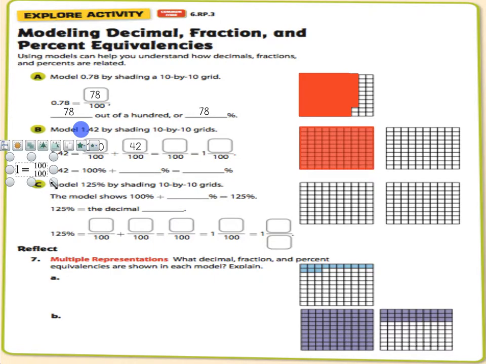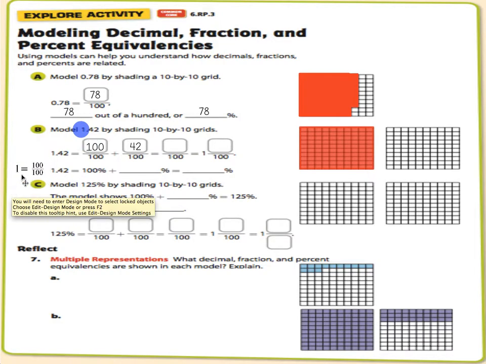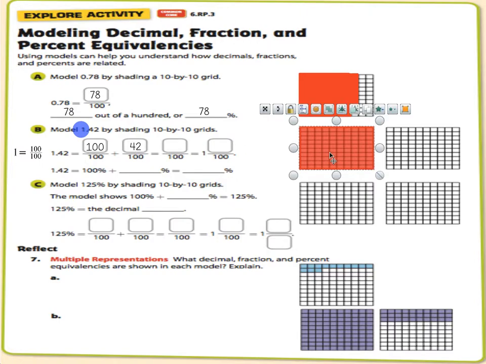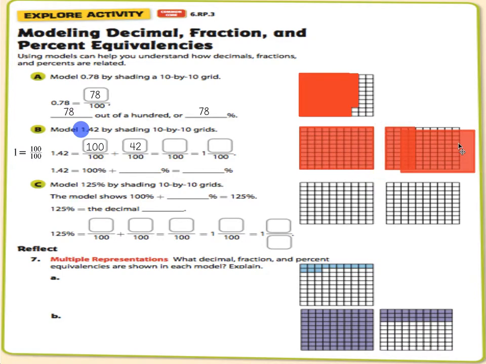So if I have 1 in front of the decimal, that means I have one full group of 100. So I have 100, but then I also have 42 hundredths after the decimal, which means I have another 42. So since I have another 42, I have to color in 10, 20, 30, 40, and then another 2.